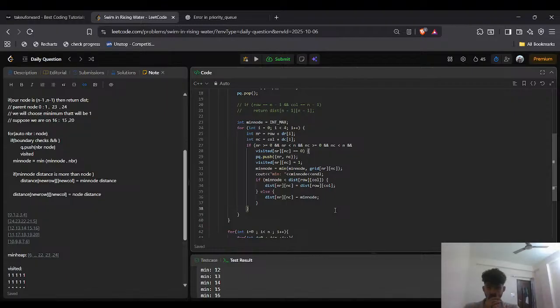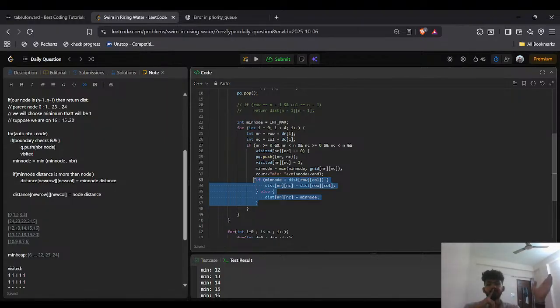Now what? We have to do this thing. We can't do this thing above. We have to write above, I guess. But how will we do the boundary check then?